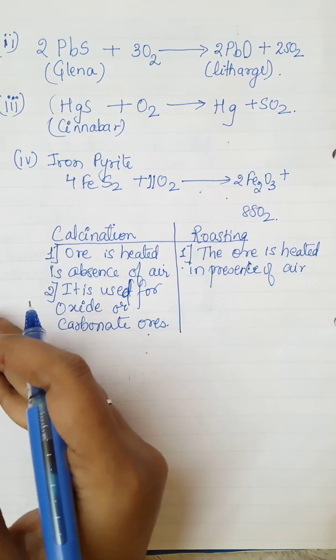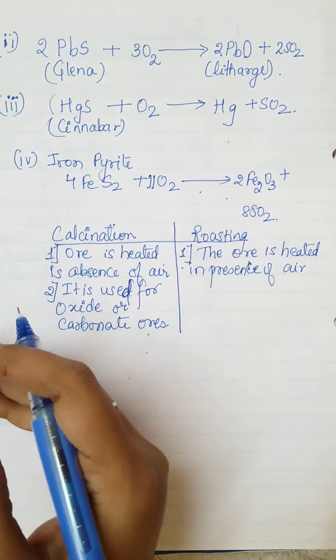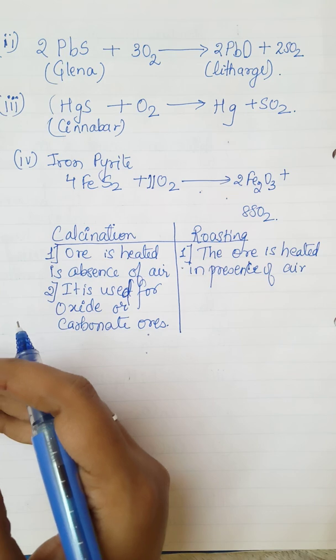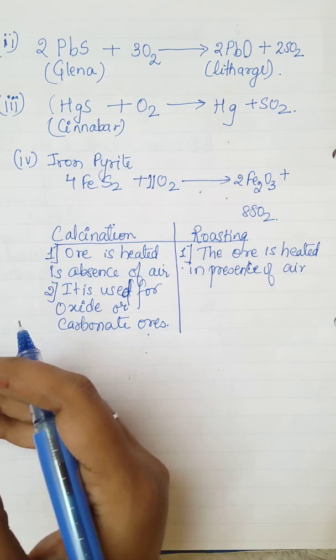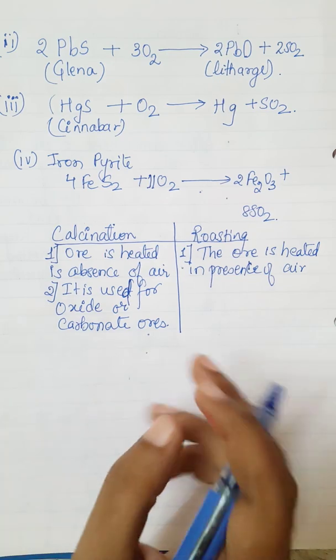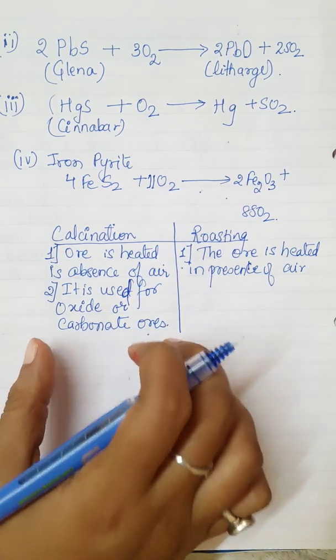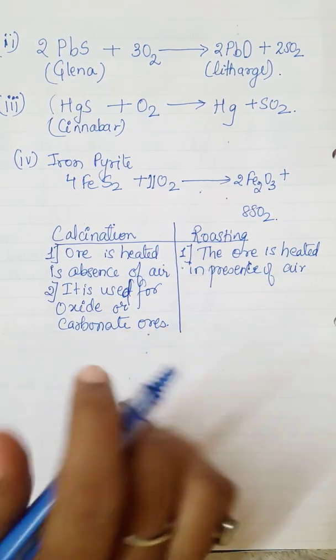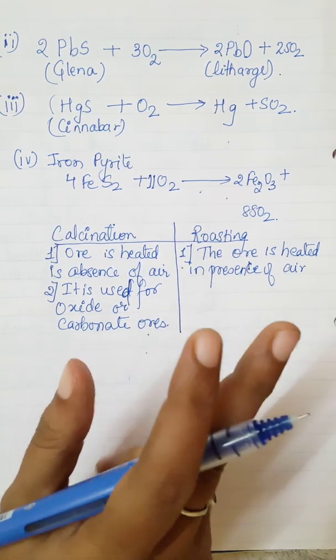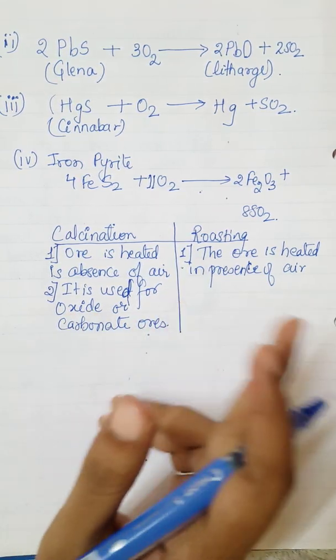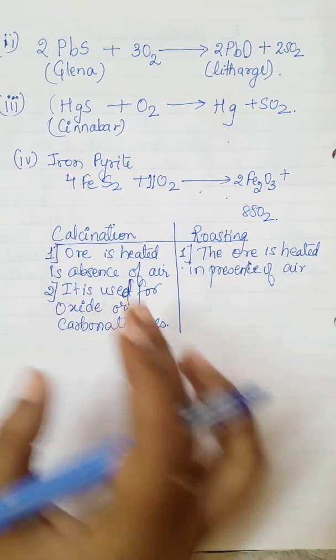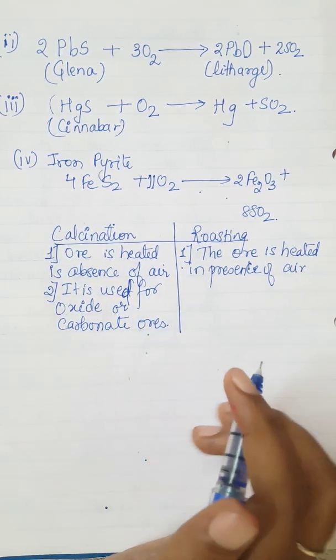We have seen many examples of it. We have seen the example of alumina, we have seen calcium carbonate, then we have seen zinc carbonate, that is calamine, and so on. So we have seen where calcination is used: on oxide and carbonate ores, right? So this is what calcination is.